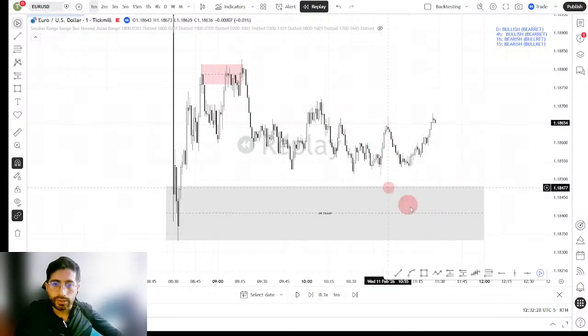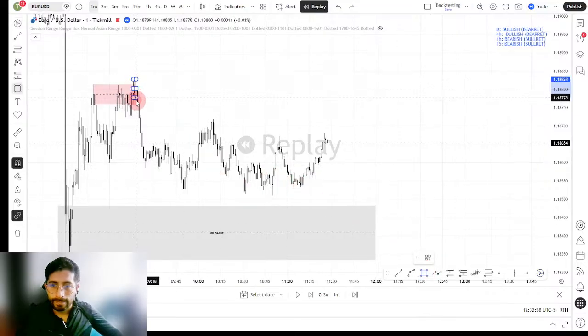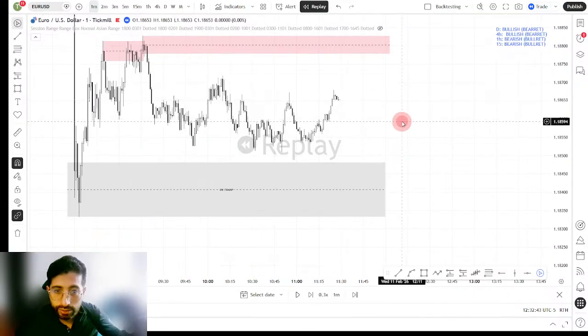Right, so all of this is liquidity. The price almost gets to the order block. This could be a potential entry point.